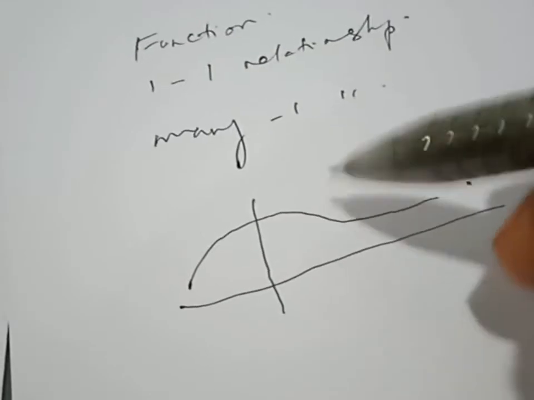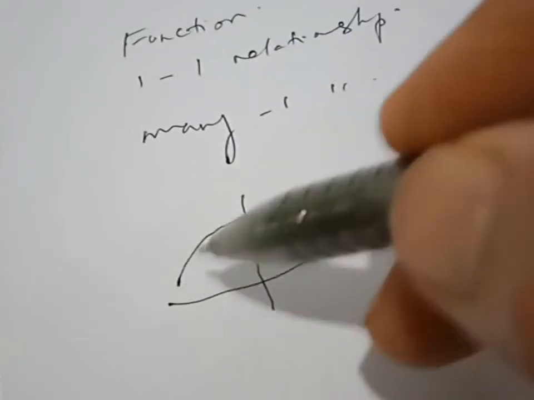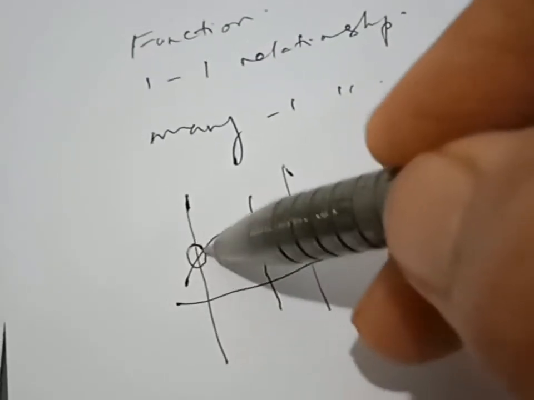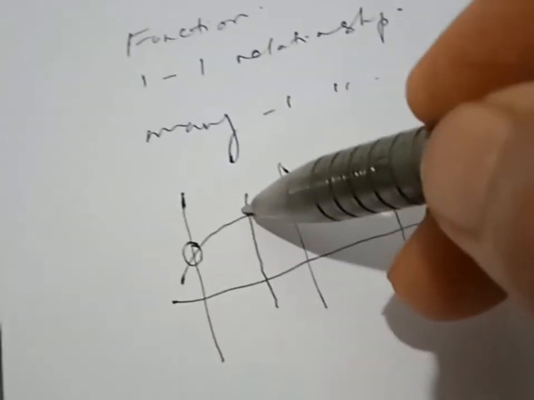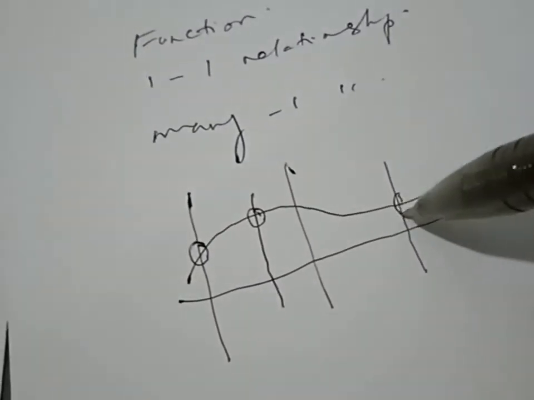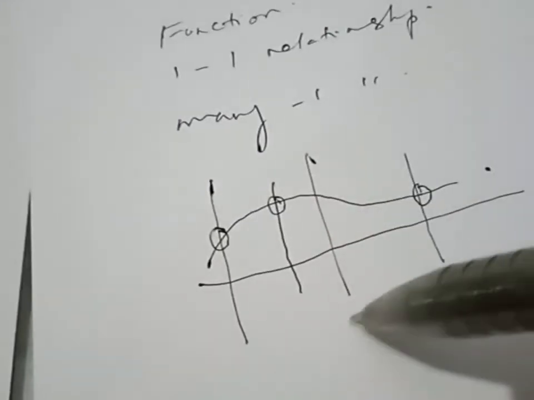A vertical line means that if we draw a vertical line at any part of the graph area, we can only get one intercept. So that is a one-to-one relationship, so it is a function.